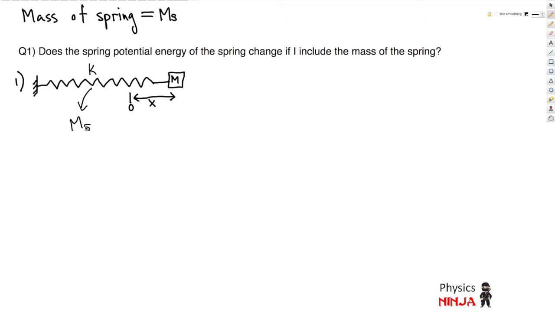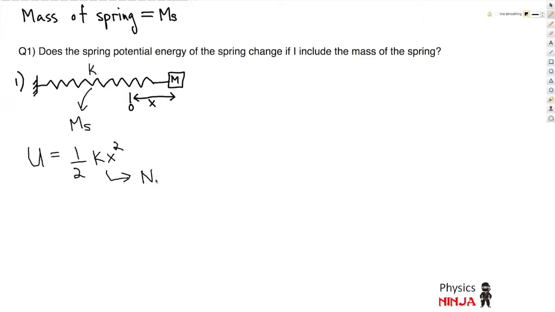So the first question I have is, does the spring potential energy of the spring change if I include the mass of the spring? So remember what we had for the spring potential energy in the first case. The spring potential energy was always given by the expression 1/2 kx squared, where k is the spring constant and x is the displacement from equilibrium. Notice this term doesn't depend on the mass.